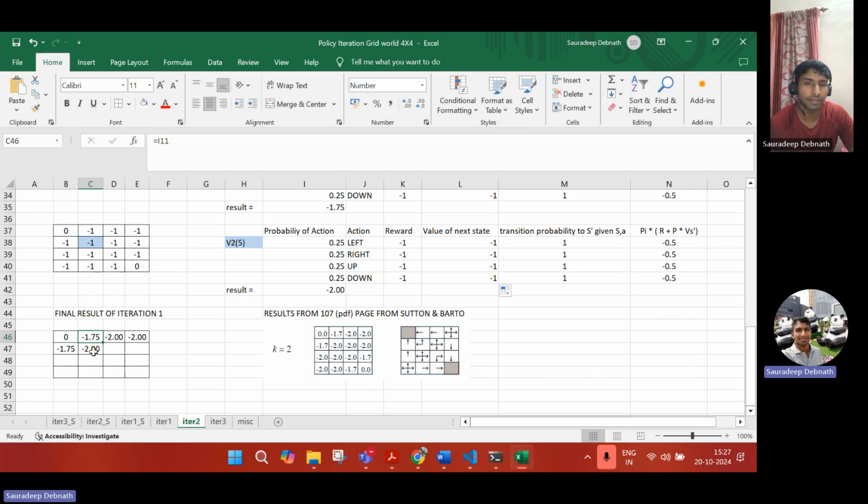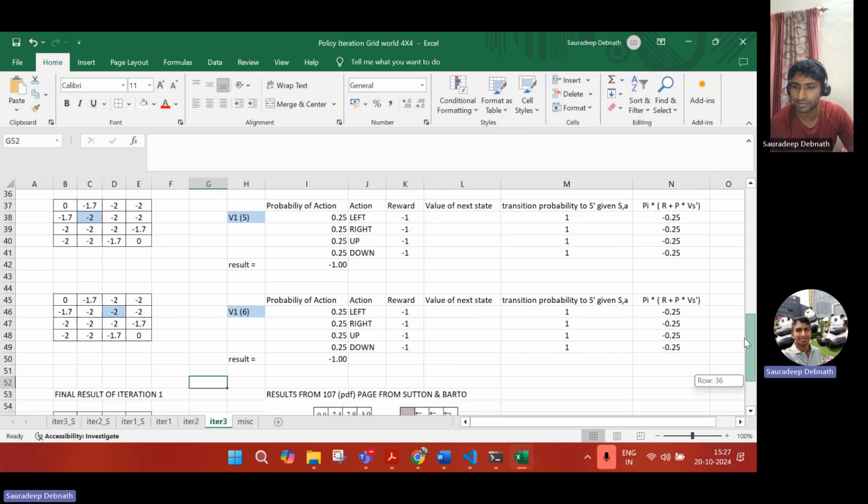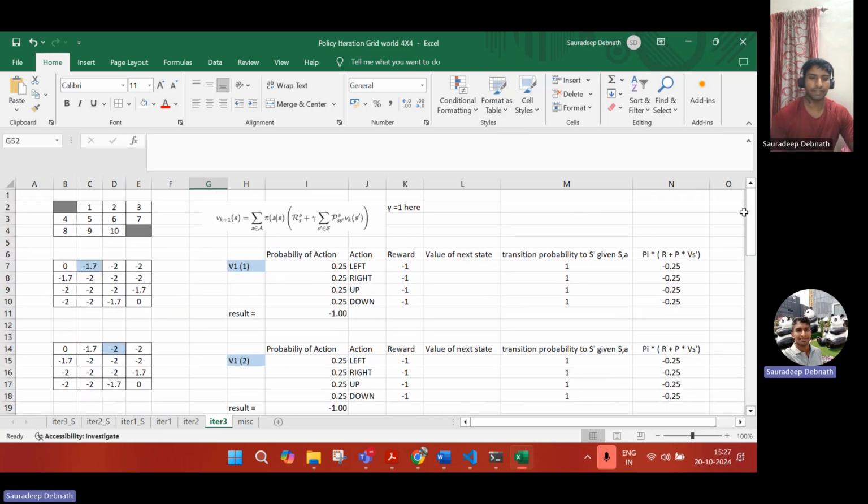Now we'll do the third and final iteration of this policy evaluation. Here we'll do just 6 steps just to be sure, right? Let's correct the notation.